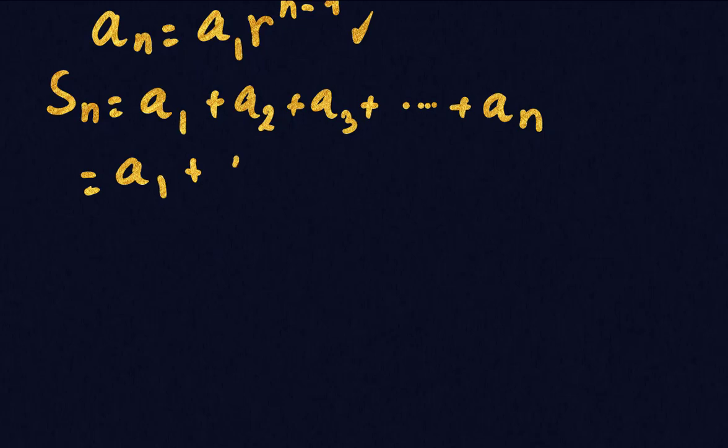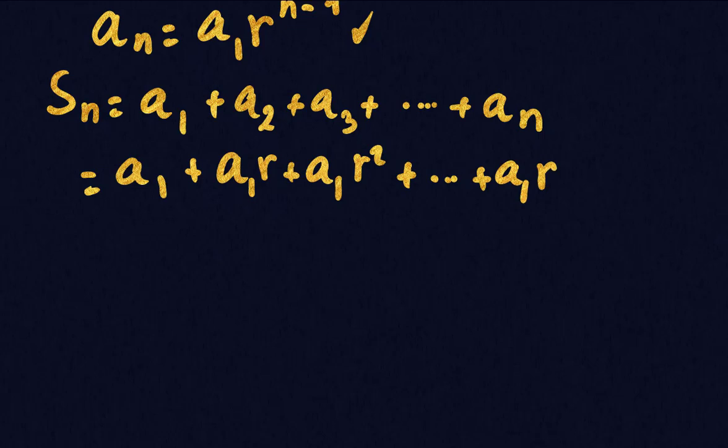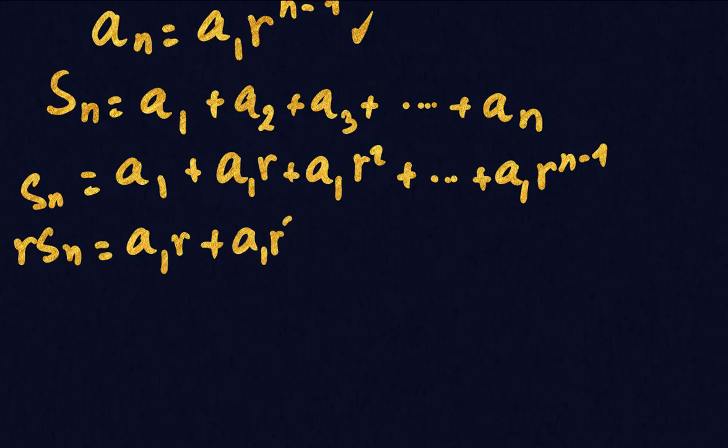So we can plug in: A1 plus A1 times R plus A1 times R squared, up to A1 times R to the power of n minus 1. So if we multiply the full equation by R, the common ratio, we get R times Sn is equal to A1 times R plus A1 times R squared plus A1 times R cubed, until we get A1 times R to the n.